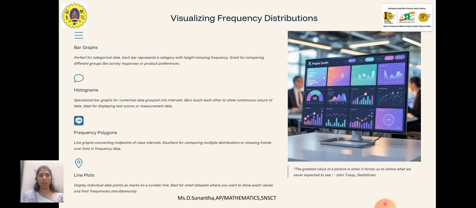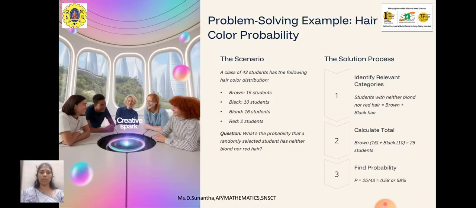Bars touch each other to show the continuous nature of data, ideal for displaying test scores or measurement data. Next is frequency polygons, a line graph connecting midpoints of intervals, excellent for comparing multiple distributions or showing trends over time in frequency data. Next is line plot, which displays individual data points marked on a number line, best for small data sets where you want to show exact values.